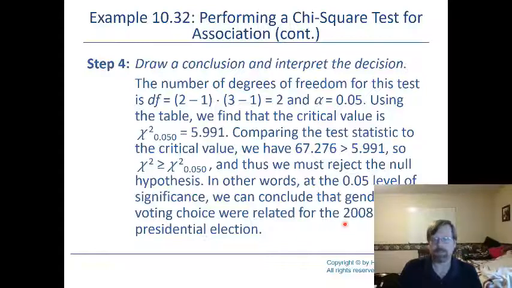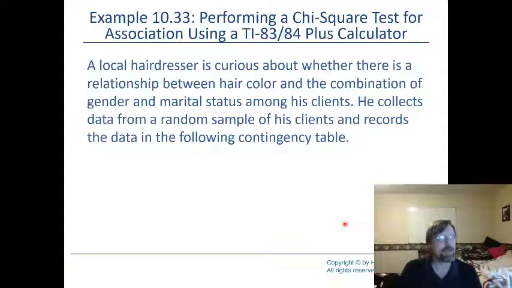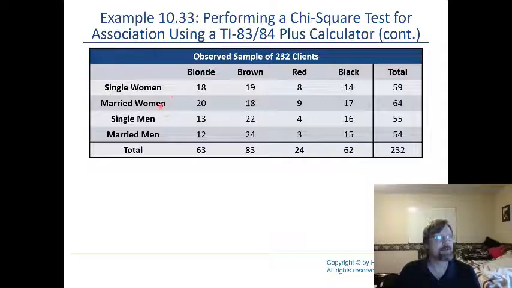We can also do this on a calculator. So we're looking at a relationship between hair color and combination of gender and marital status. Get a random sample of clients, and we get the following data: single women, single men, married men.